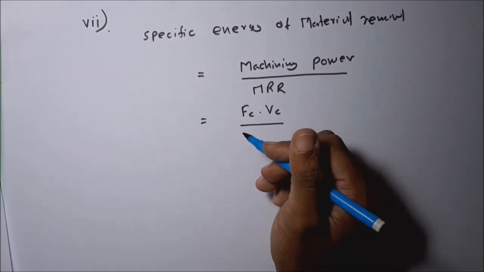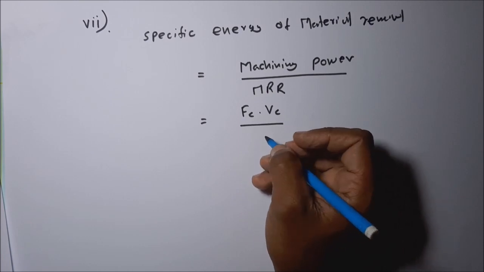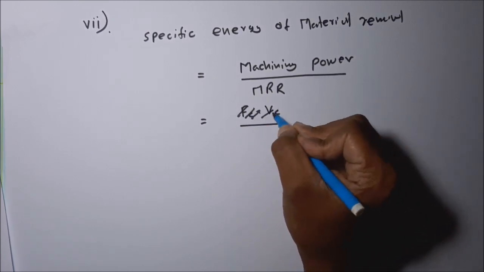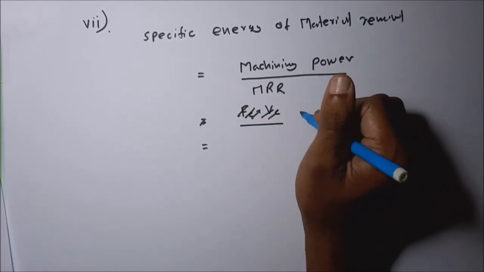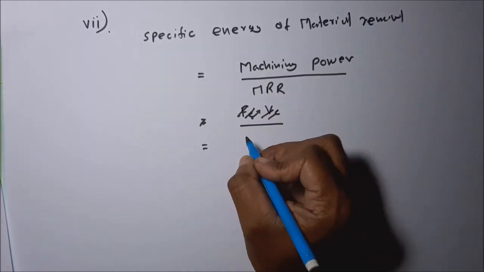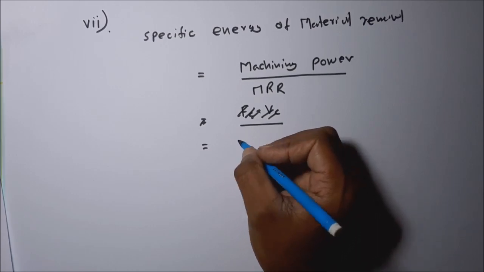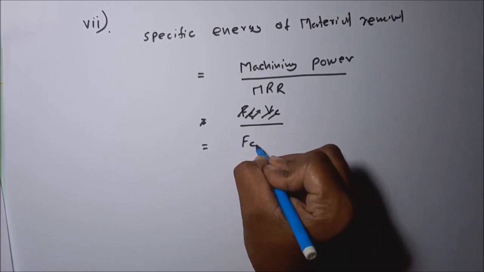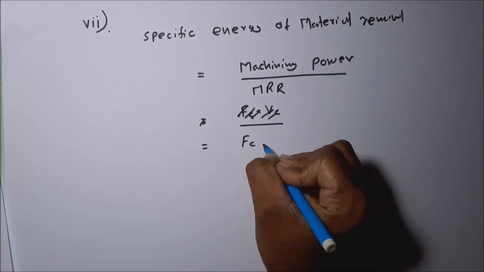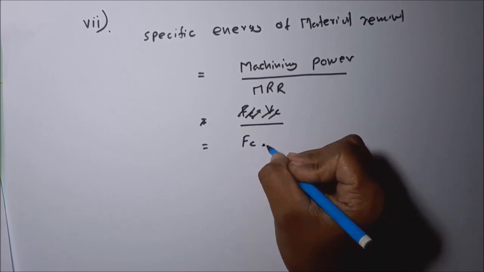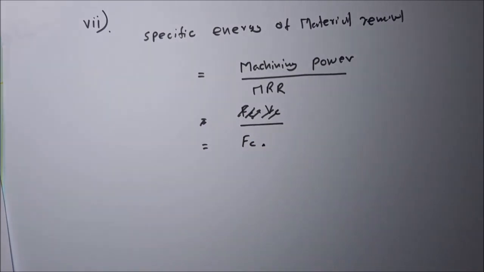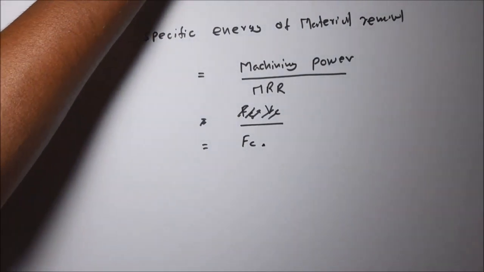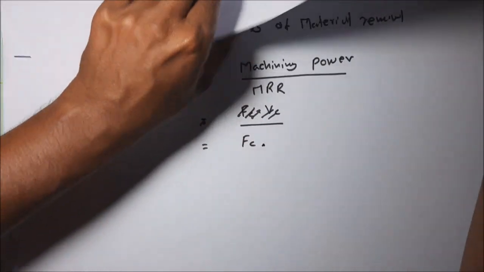The equation for the material removal rate we have already obtained. Then for this one I am going to calculate the energy per 1 minute. So what is the cutting force Fc? The cutting speed we also calculated previously. What is the cutting speed we obtained?